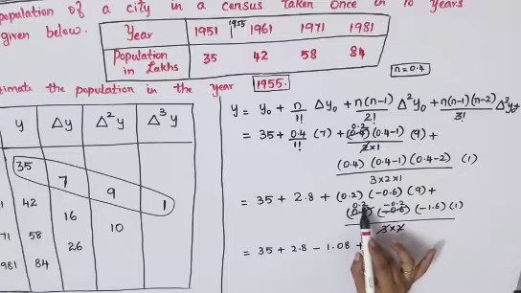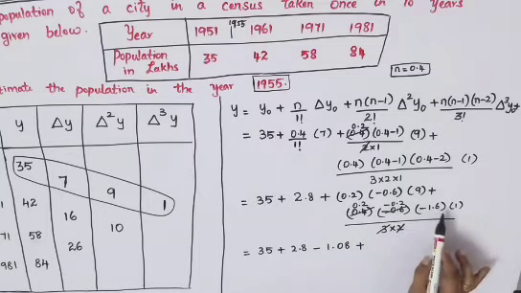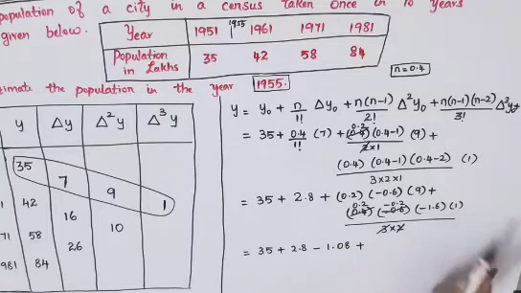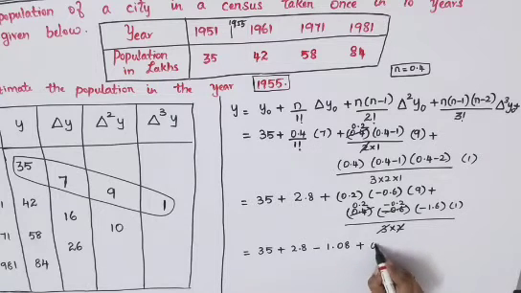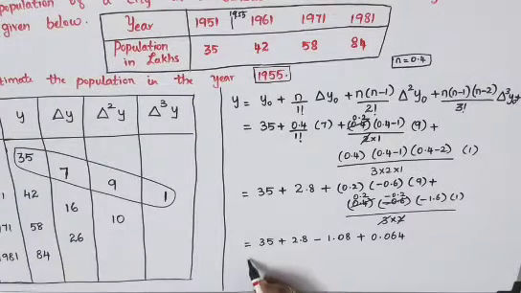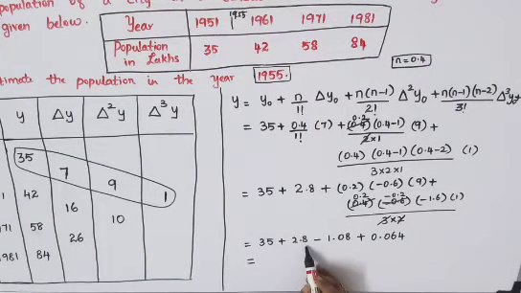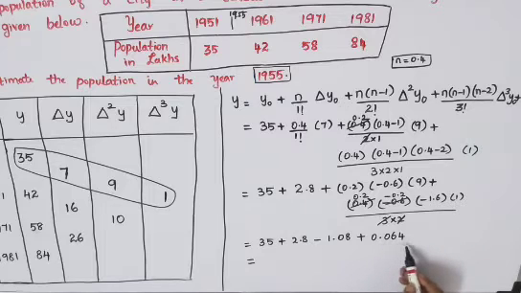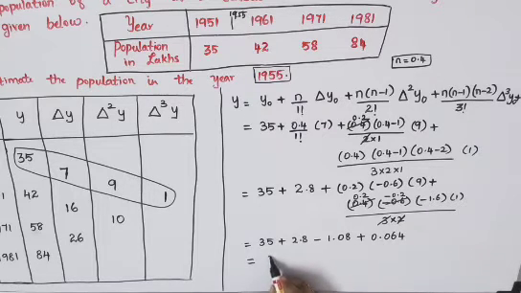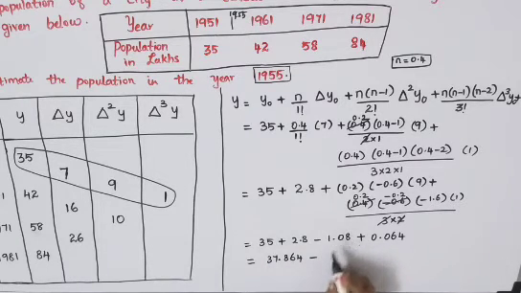The terms are 0.2, 0.2, 1.6 into 1. When you multiply all these terms, you will get 0.064. Add all the plus terms: 35 plus 2.8 plus 0.064 gives 37.864, and one single term with minus is there, 1.08.